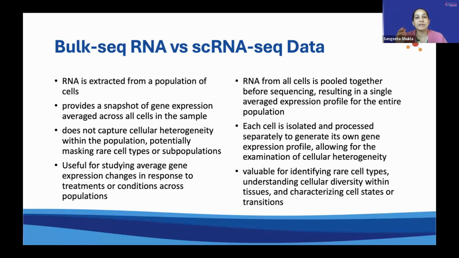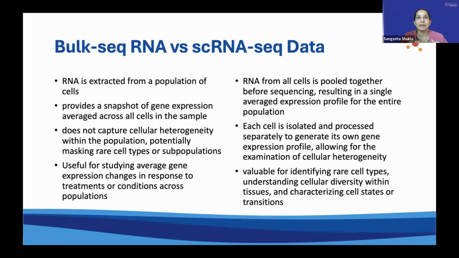However, in the case of single cell RNA-seq, RNAs from all the cells that are extracted are pooled together before sequencing, and then the RNA sequencing is done for the entire population, not just the sample. Bulk RNA-seq, the regular RNA-seq that we do, does not capture the cellular level differences that occur within a population.